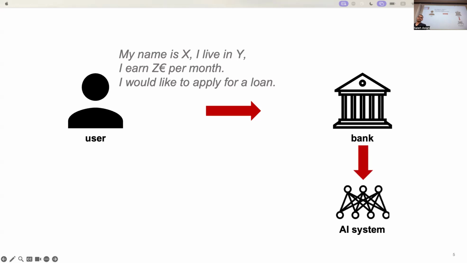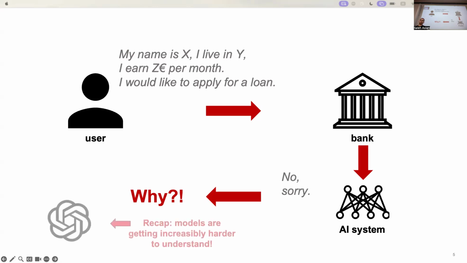And the bank has a system that analyzes the user's information and then decides on whether it should or should not give the person a loan. It would be really good if we understand why the system is deciding the rejection or the acceptance of the loan request. And AI models that decide are getting harder to understand the reasoning behind them. And today we will be talking about that.